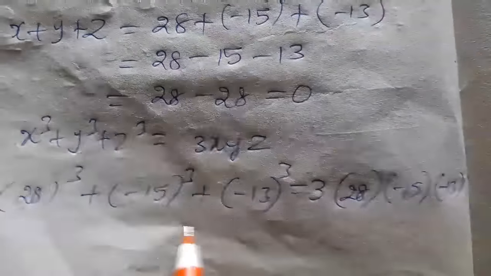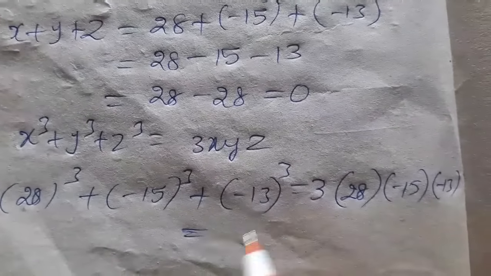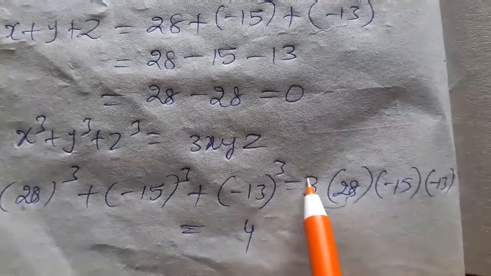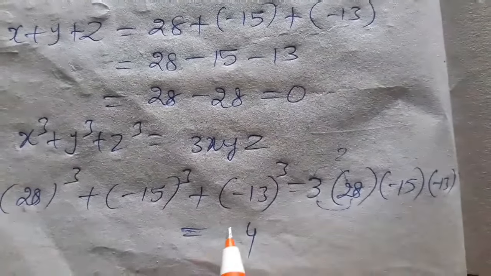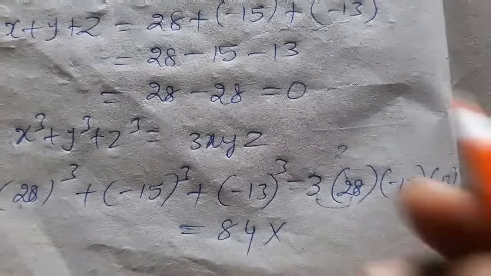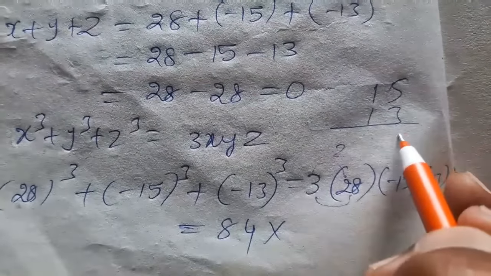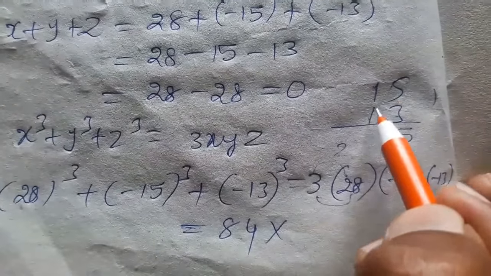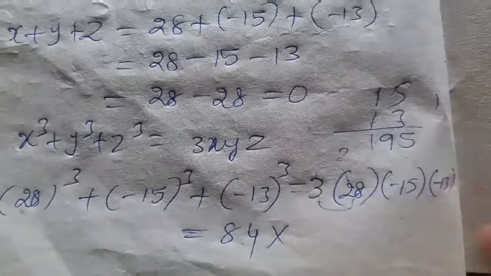Minus into minus became plus. 3 eights are 24, 3 twos are 6, 6 plus 2 means 8. Now 15 into 13: 5 threes are 15, 1 threes are 3, 1 fives are 5, so 195.